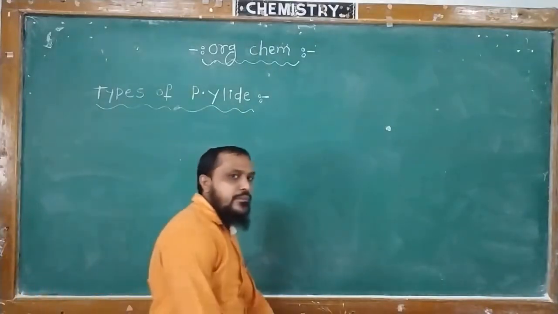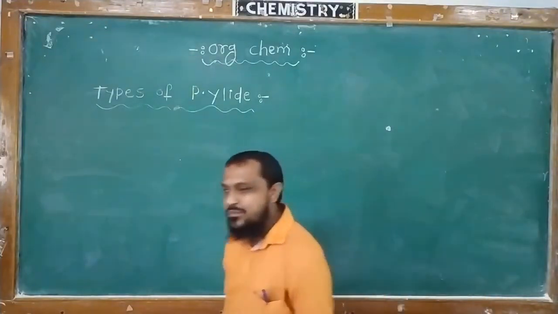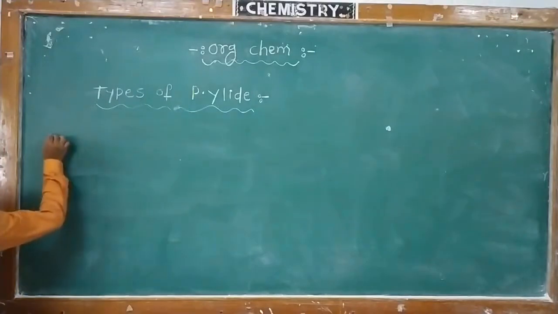Now the second type of phosphorus ylide is unstabilized phosphorus ylide.